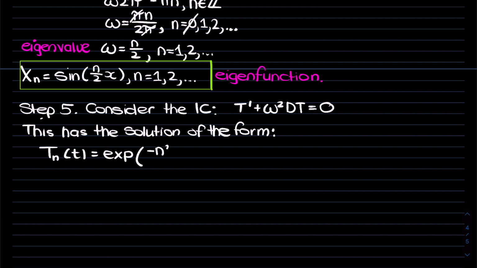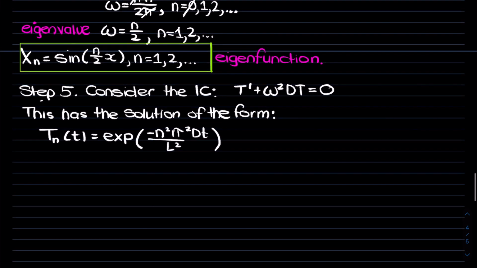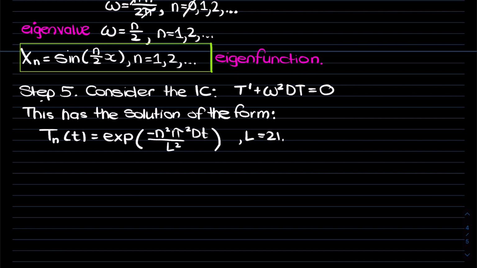Minus n squared pi squared dt over L squared. Now, if you recall that L in our particular case, L equals 2 pi, then we can just write this again. Minus n squared dt over 4. So all I did was simplify things.